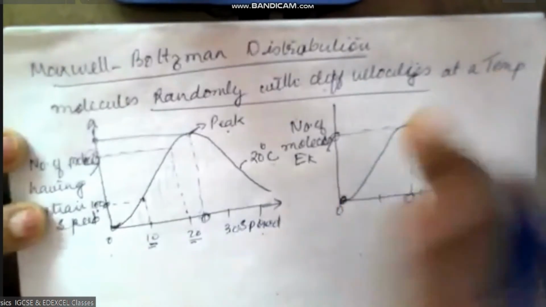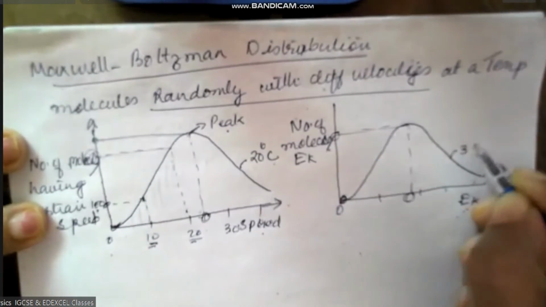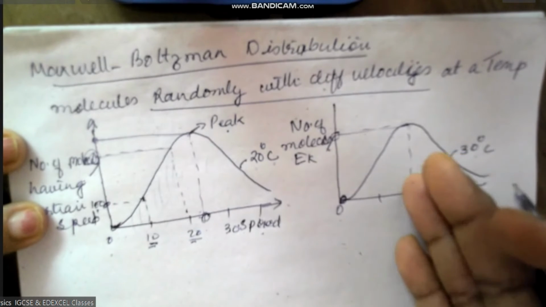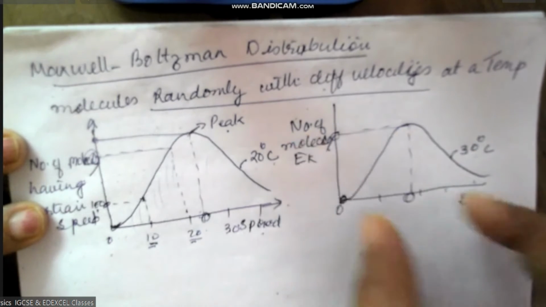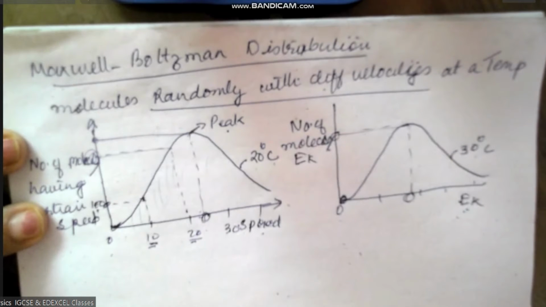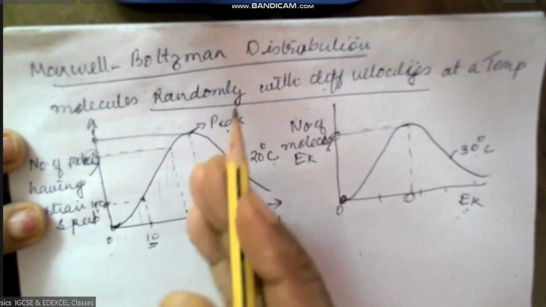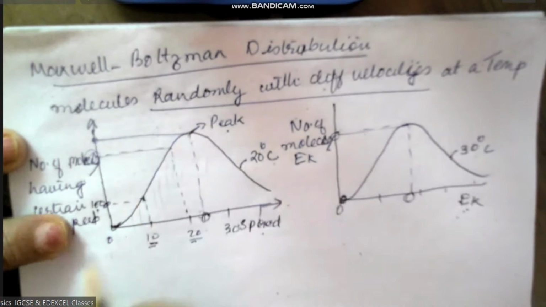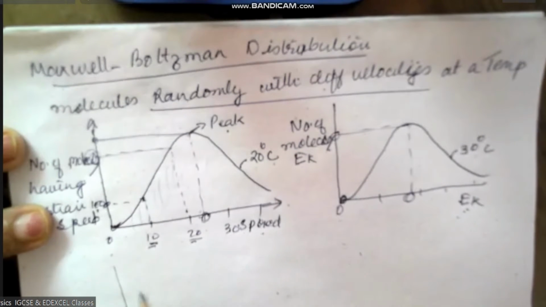Similarly, kinetic energy is also like that. There is 0 here, some number here. So this means the maximum number of particles are having this much energy. So this is Maxwell's distribution curve.